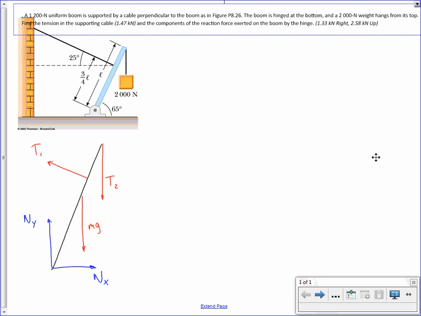Well, like we said, since we don't know what T1 is, and we don't know what NX is, there are two unknowns if we were to look at a net force statement. Not the worst idea in the world to write a net force statement.